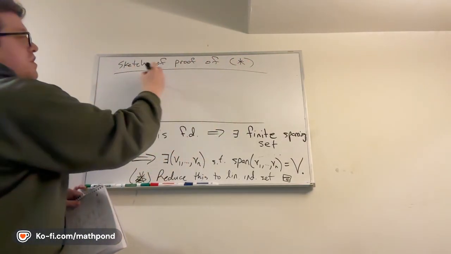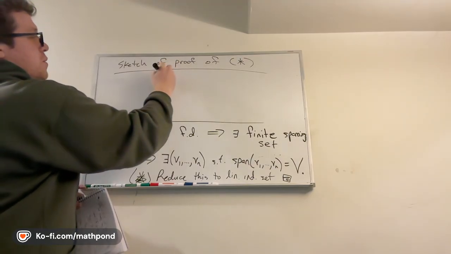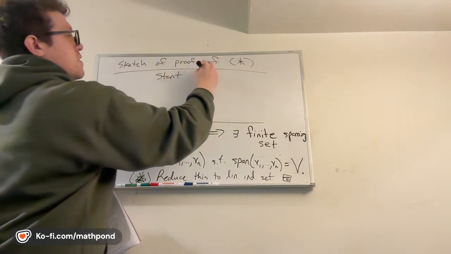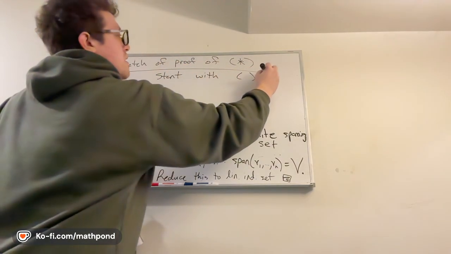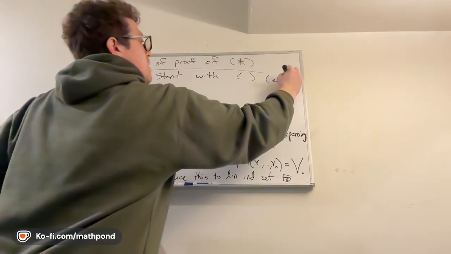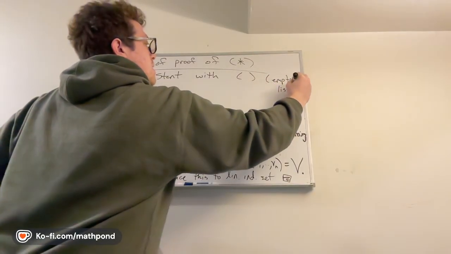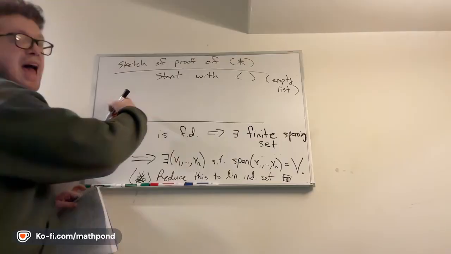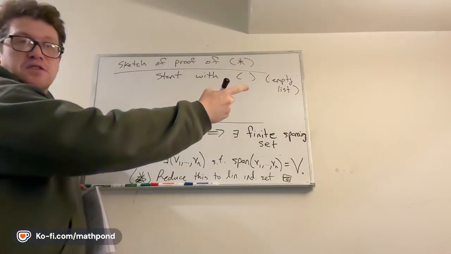And that's just start with the empty list, and then progressively add vectors to the list.